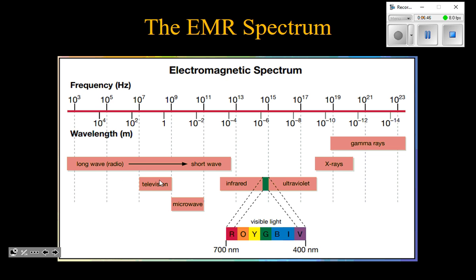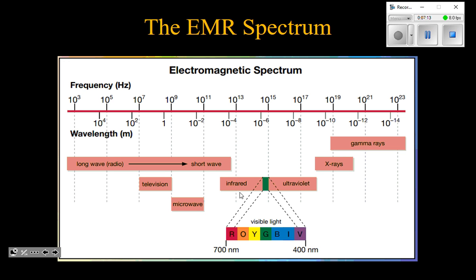Within radio waves, we also have television waves, and then into shortwave. Next to those are going to be our microwaves, the microwaves found in your microwave stove, also in your cell phone. They're fairly long waves, quite a bit smaller than the radio waves at the far end, and small energy.